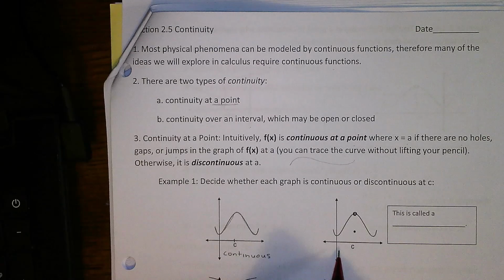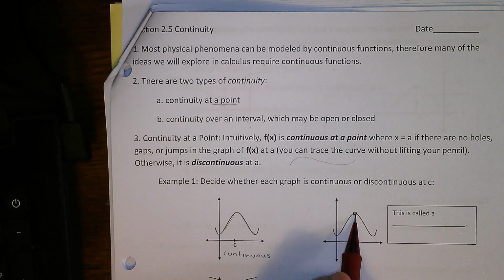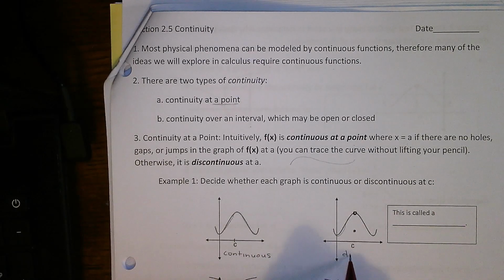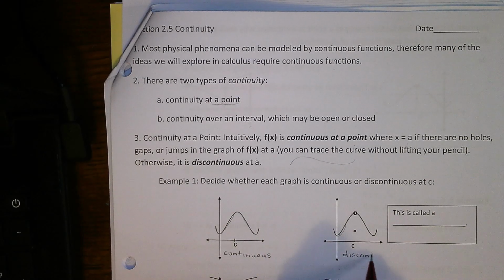All right, the second one, there is a hole here, and there's a point here. So you would have to pick up your pencil, put the point here at C, and then go back to your graph up here and continue. So this is discontinuous at C.